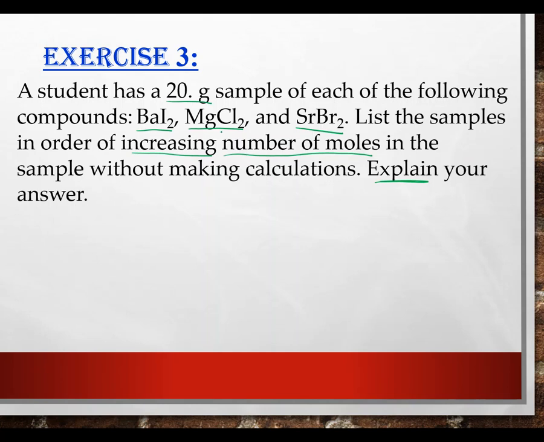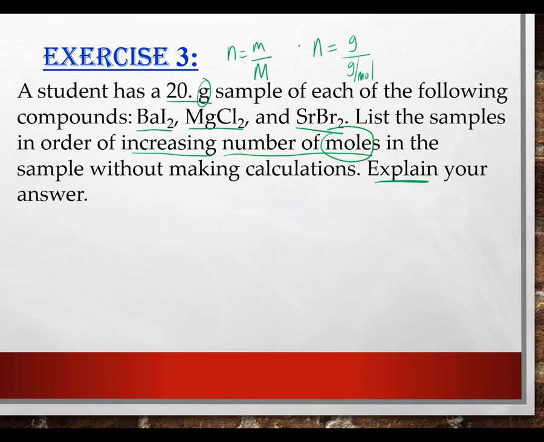So what we want to start with here is determining the relationship between the numbers. So we have grams, we have moles, and how are these two related? Well, if you go back to the equation, N equals mass over molar mass. Okay, so the moles equal grams over grams per mole, like that.